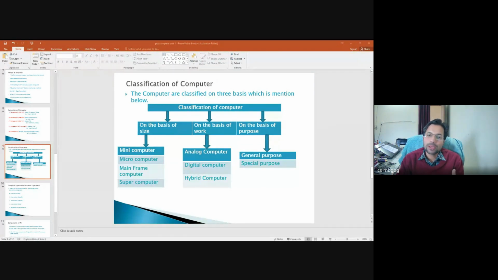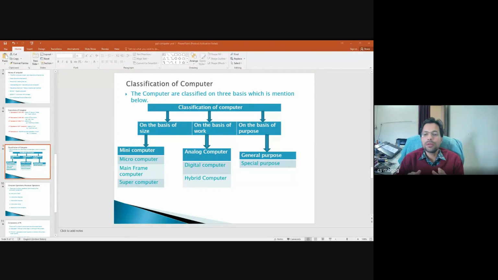First is specific purpose computer systems, or special purpose computer systems. And the second type is general purpose computer systems.